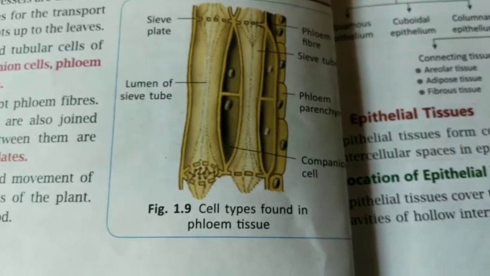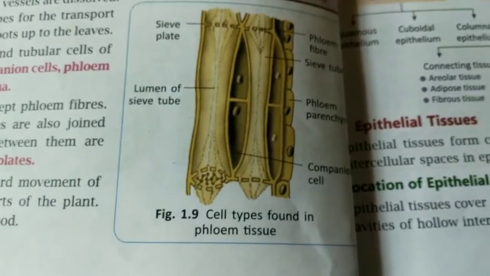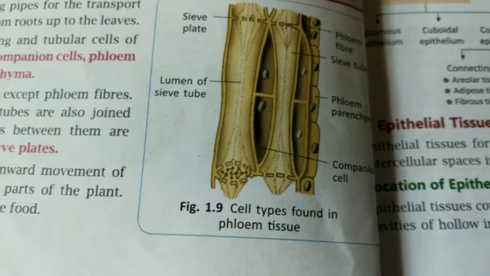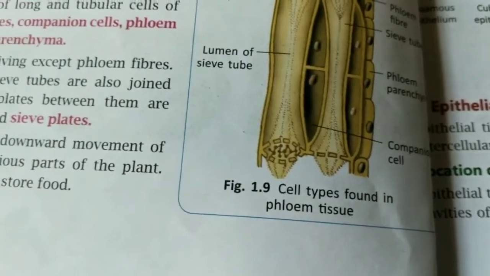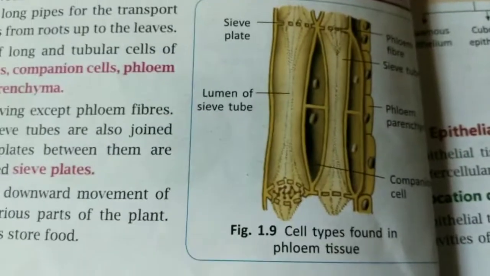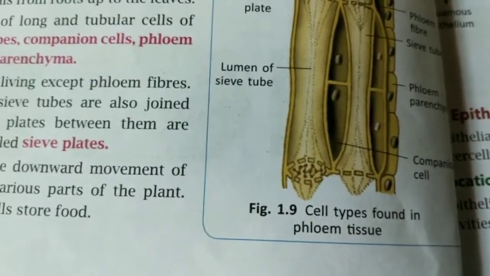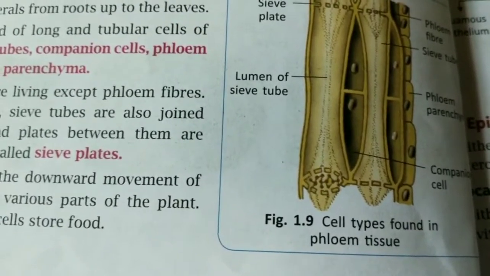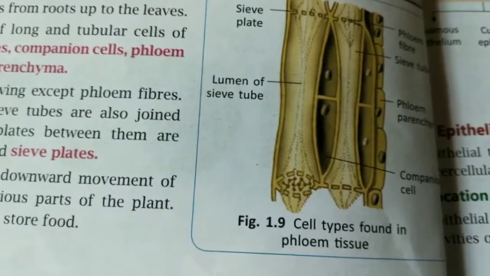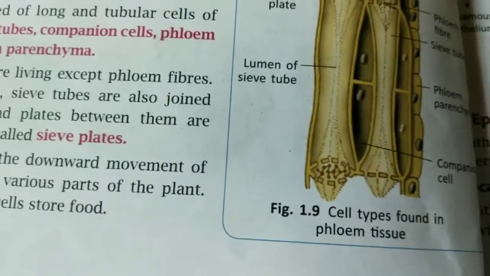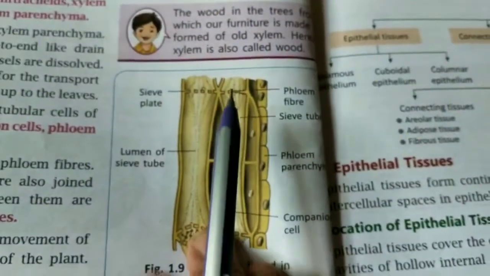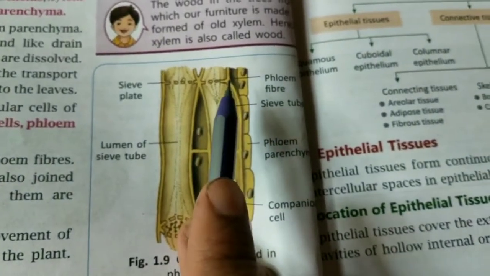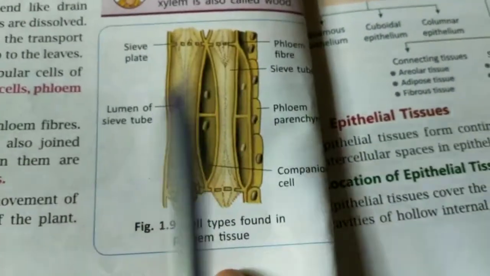See, sieve plates are there, lumen of the sieve tube is there, and phloem fiber and sieve tube are there. Phloem parenchyma is there and the companion cell is there. So here again the phloem parenchyma and all the cells are living except these phloem fibers. Phloem fibers are non-living, rest all are living.